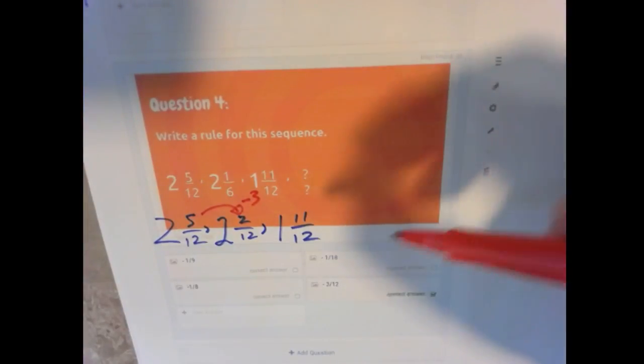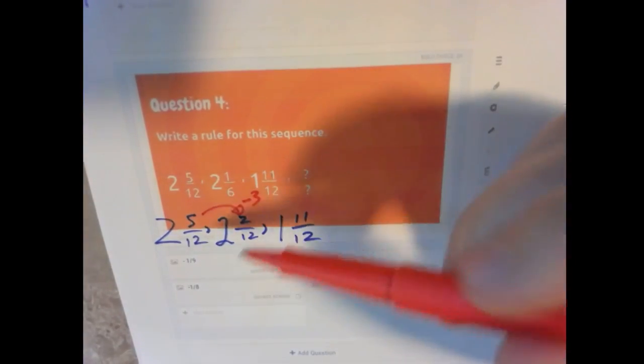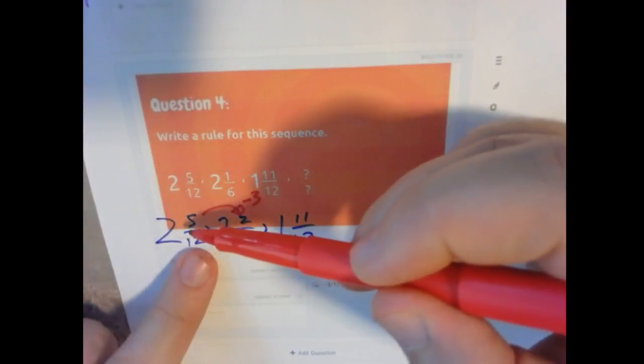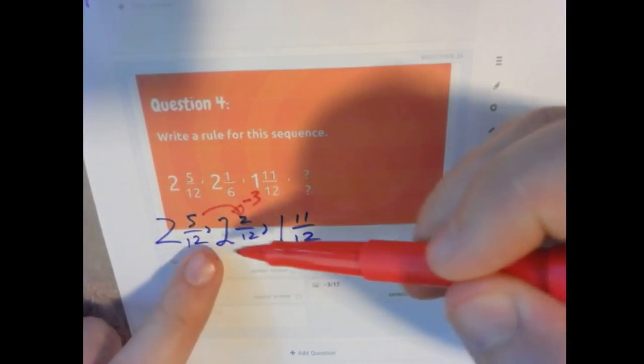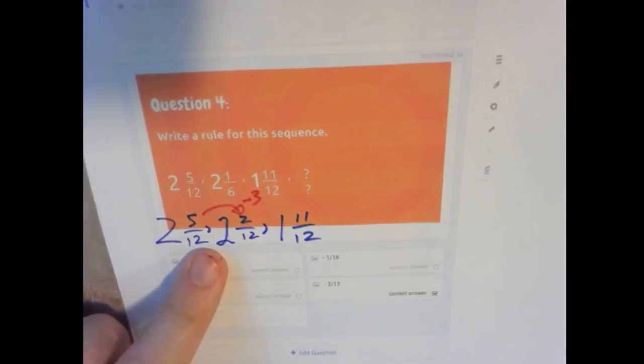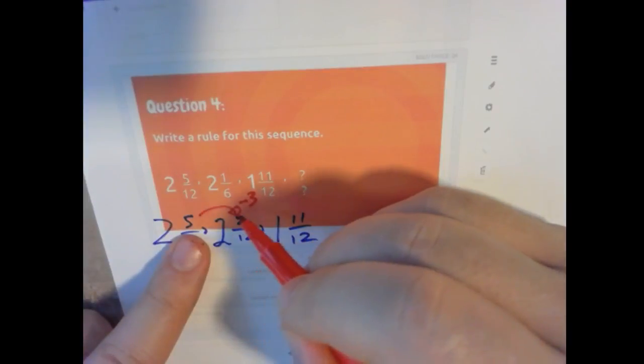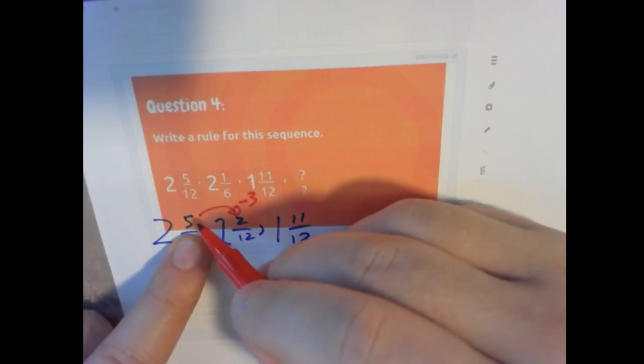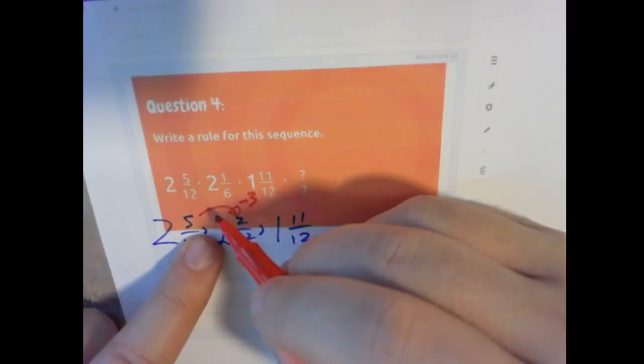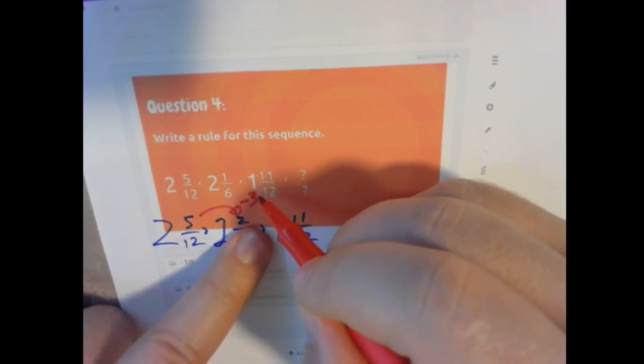Okay, now does it make sense if we were dealing with 12ths? And you can think of fractions as a little bit of a clock. Each time it turns over, it makes or loses a whole number. So if we start at 5 and we go down, 5, 4, 3, 2, that's 3 steps.